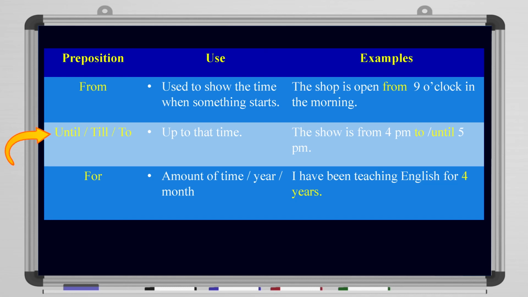Until, till, or to, they are all the same. So I can say, for example, the show starts from 4 p.m. until 5, for example. For, I use for the amount of time or the amount of years or months. So for example, I say, I have been teaching English for 4 years. So I gave an amount of time.